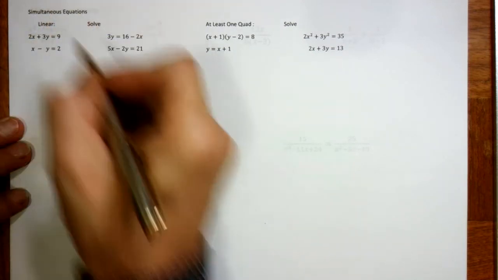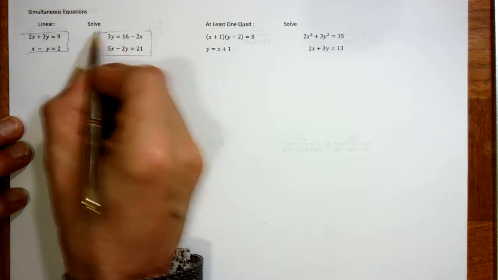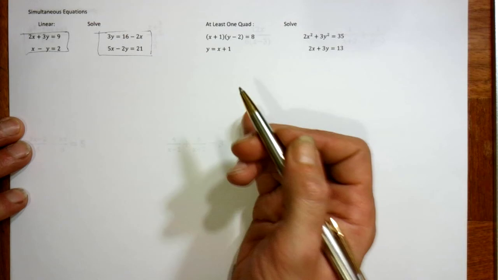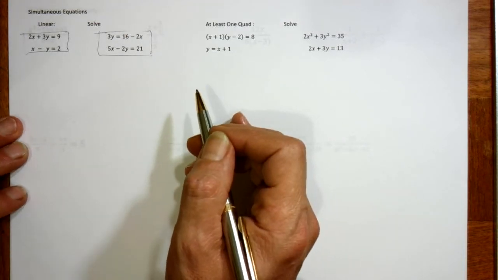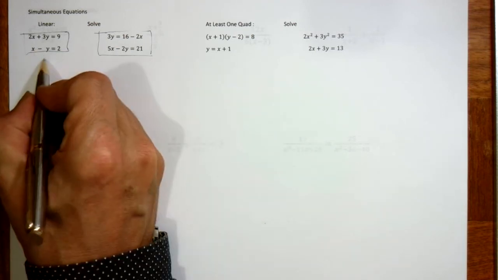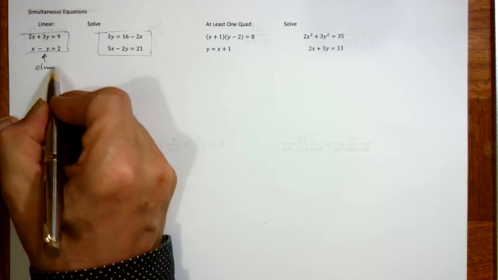When we solve simultaneous equations and we've got two sets of linear equations, like here or here, there's two methods that you should be comfortable with, and you need to know them both and then choose the appropriate one depending on the situation that you're given, the way the question is presented. Okay, so this one lends itself best to elimination.